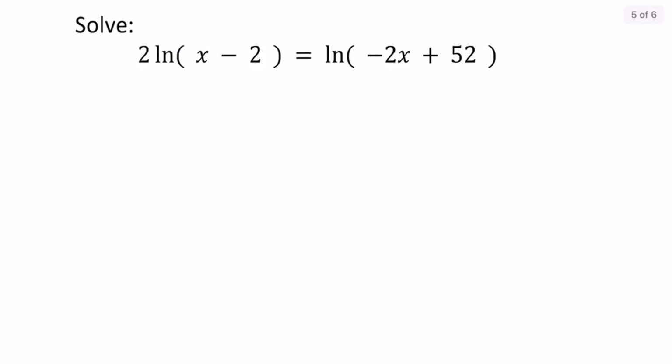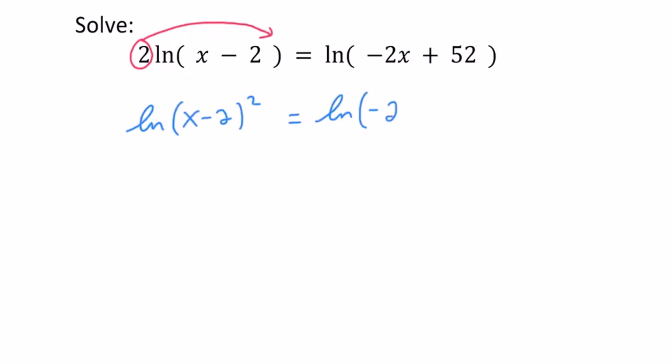Solve 2 times the natural log of x minus 2 is equal to the natural log of negative 2x plus 52. So on the left side, the number 2 in the front here, we can make it back into the exponent. So we have the natural log of x minus 2 squared is equal to the natural log of negative 2x plus 52.